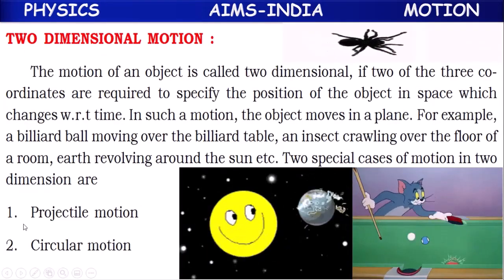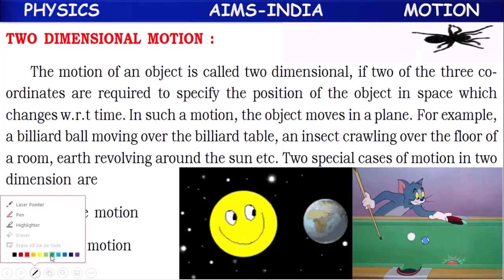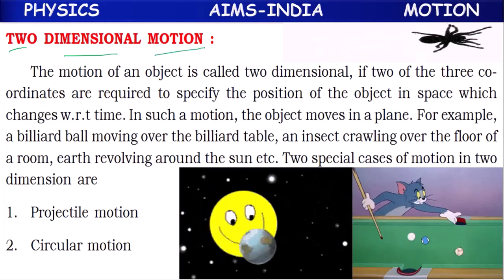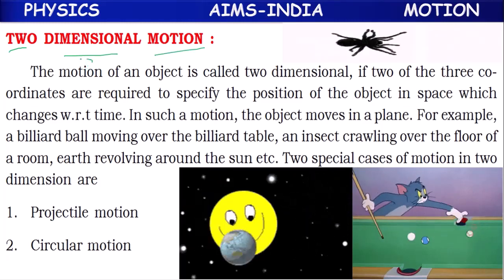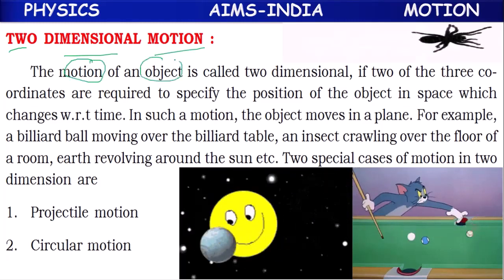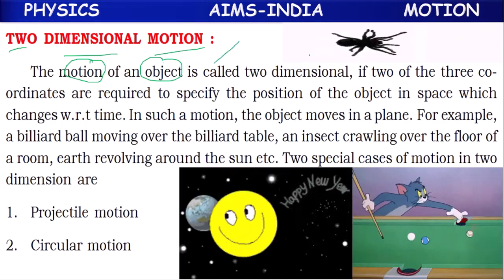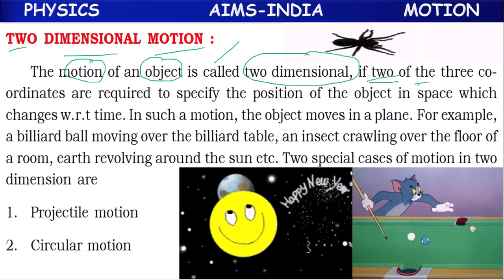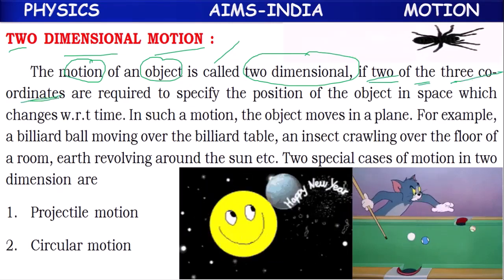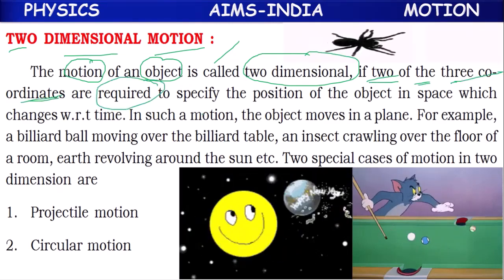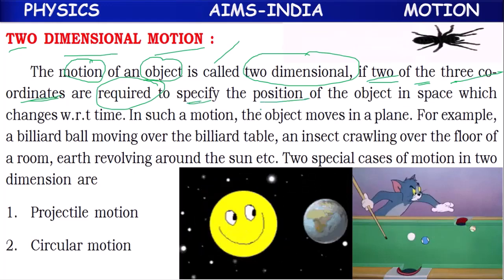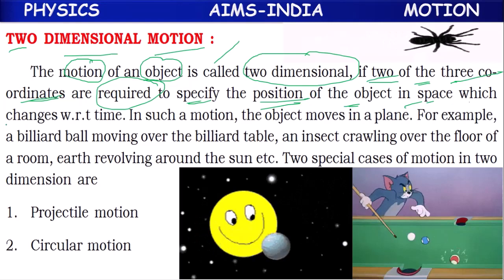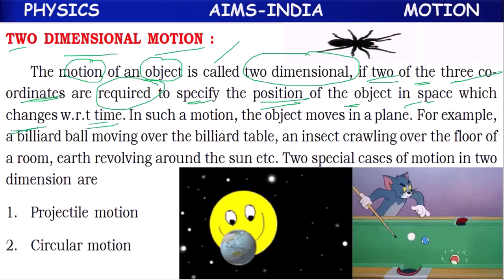Okay, children. Now let's learn about two-dimensional motion. The motion of an object is called two-dimensional if 2 or 3 coordinates are required to specify the position of the object in space with respect to time.